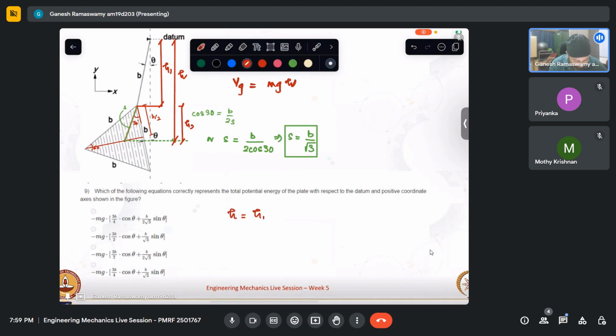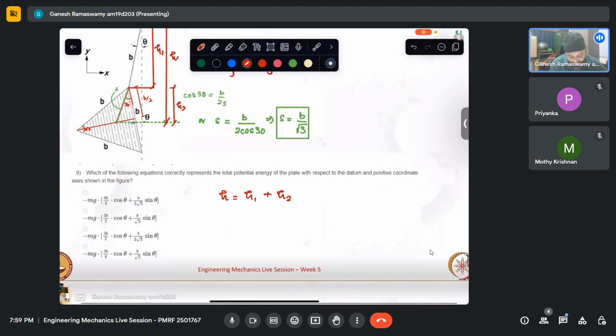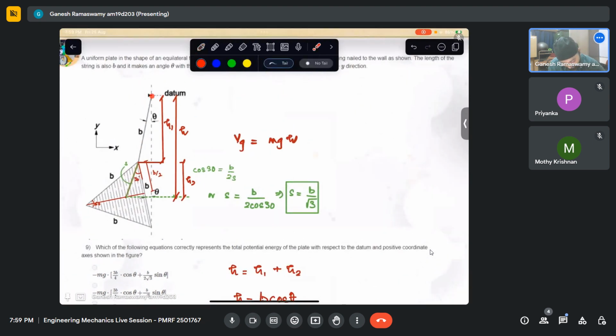Now from the figure I can see that h1 is nothing but b cos theta. In this triangle, this is theta, this is b, so this is b cos theta. That is clear. Now I have to calculate h2.